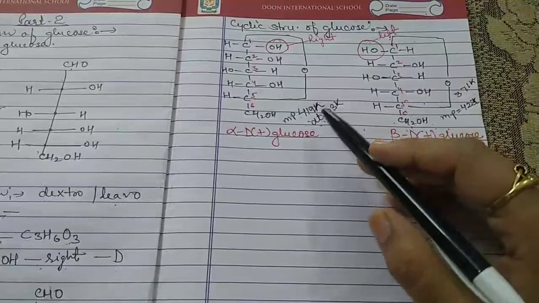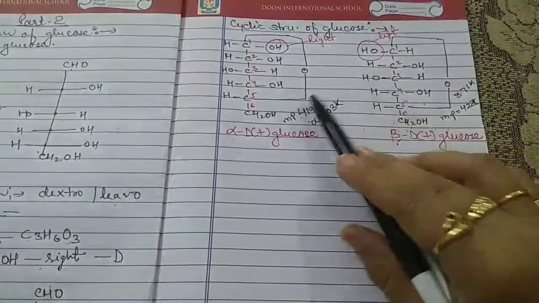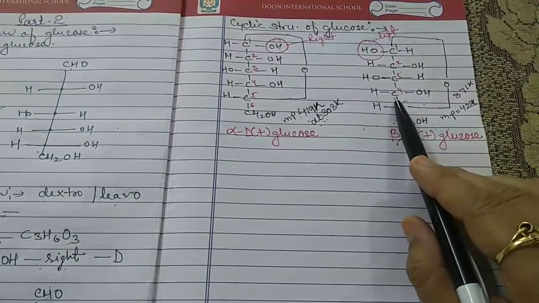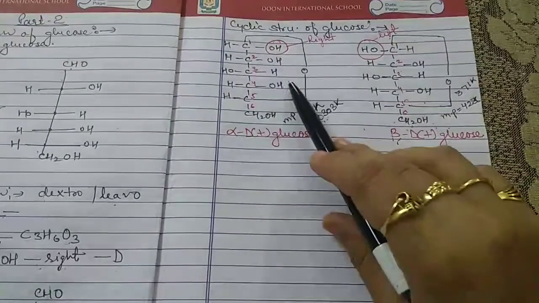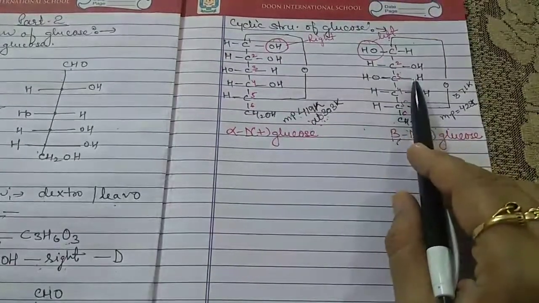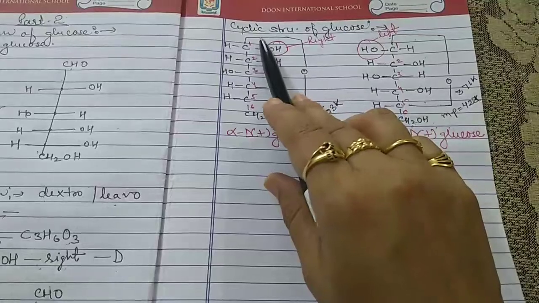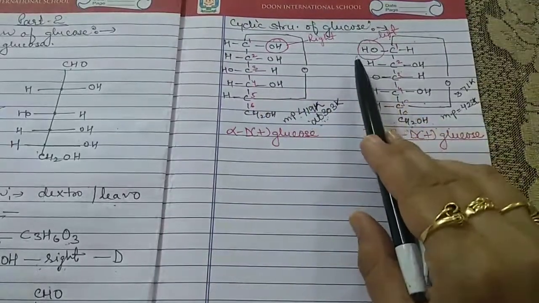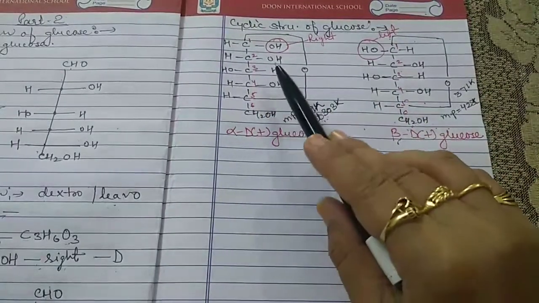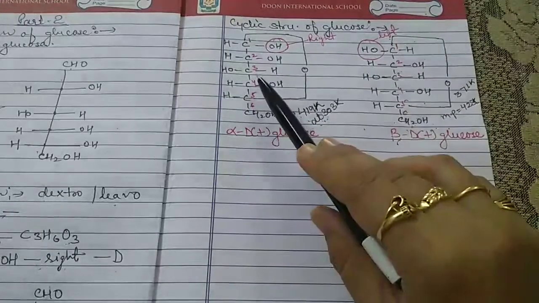Now these two forms, alpha and beta, are known as anomers, and these are the cyclic structures of glucose. Now let us discuss the difference between these two anomers.